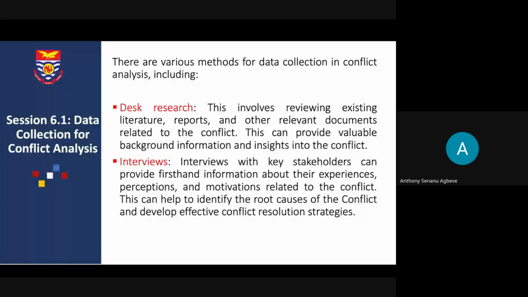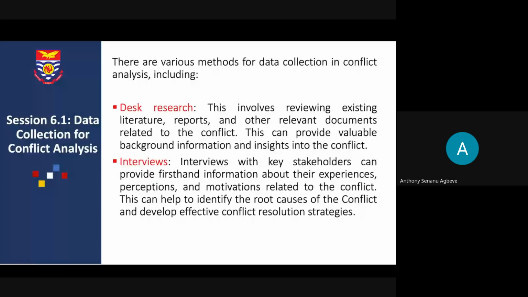You can talk to individuals within the community just to get their opinions and insights on the conflict. You can speak to experts, maybe people who have worked in that conflict area over a certain period of time.